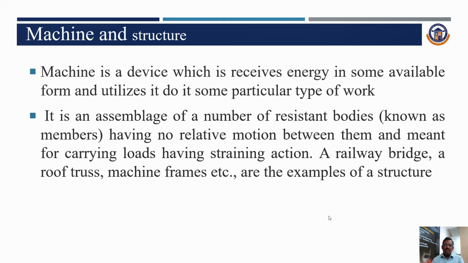It just holds the load, like a railway bridge and a roof truss. There is no relative motion within a structure, but a machine has relative motions. A machine frame is an example of a structure, and an engine is an example of a machine.